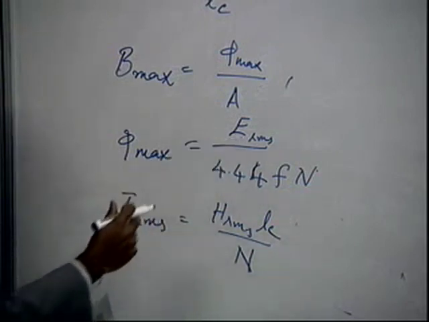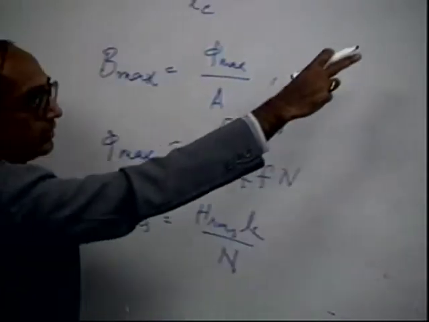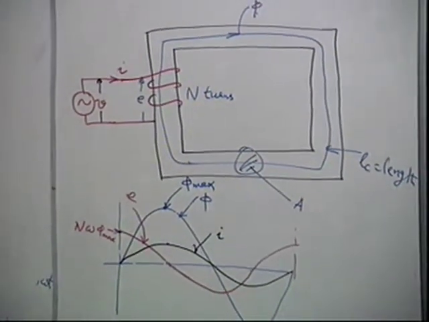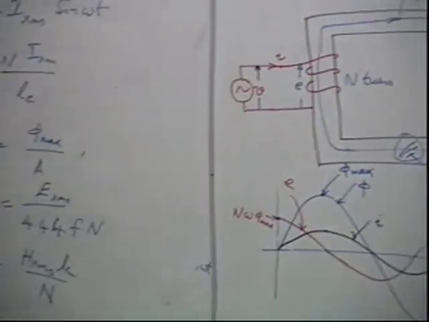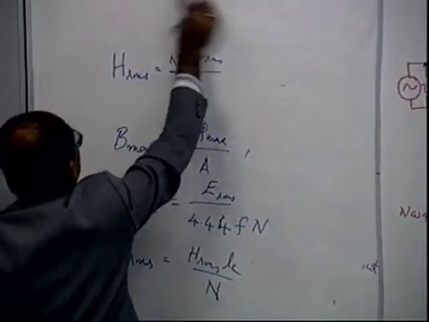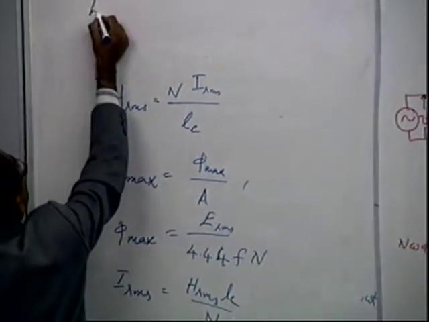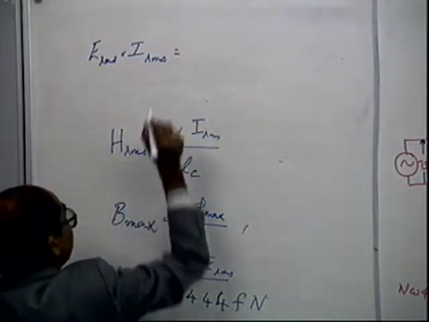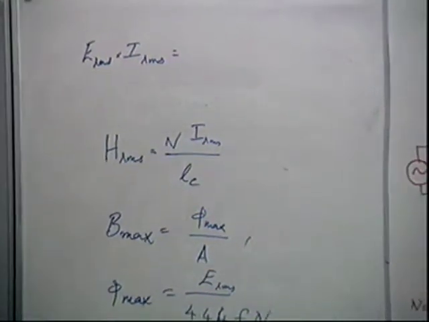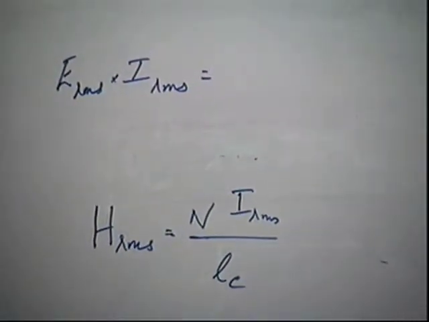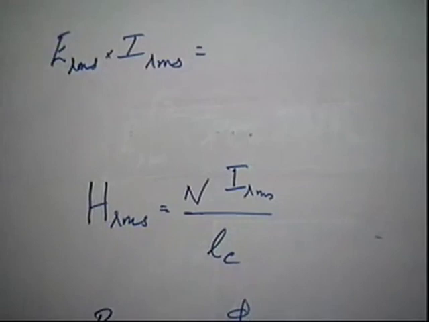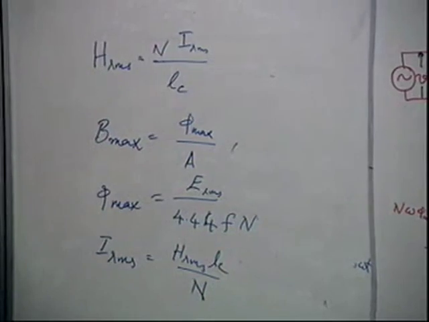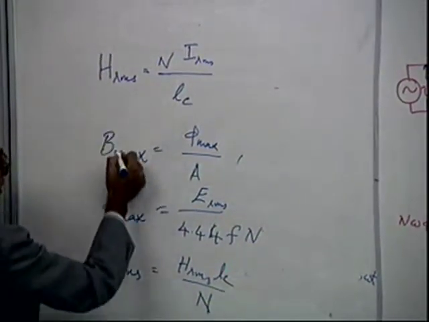Now tell me, what will be the product of E RMS into I RMS? E and I are in volt amperes. So please find out what is E RMS into I RMS in terms of H RMS into B max.